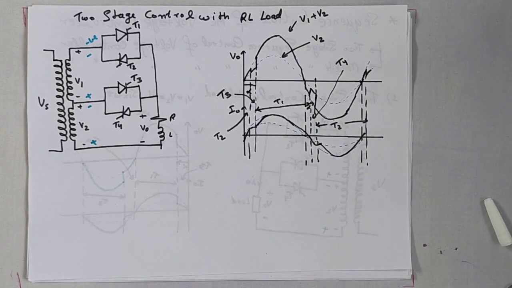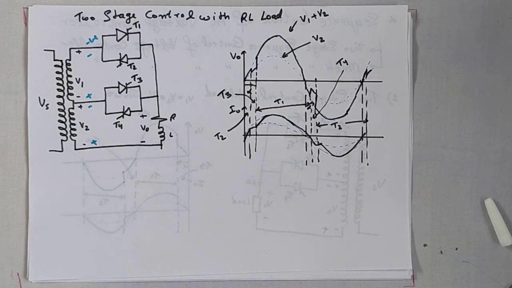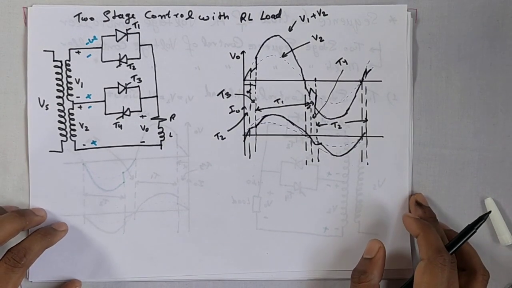Okay, this is the output voltage and current waveform for the two-stage control with RL load.